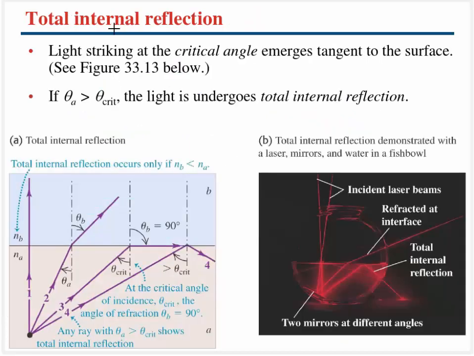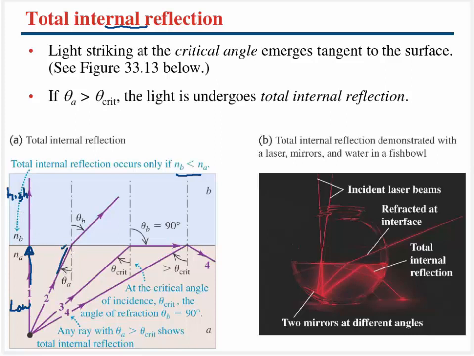Now, one interesting concept is that of total internal reflection. This type of reflection is only going to occur when we're going from a region of high index of refraction to a region of low index of refraction. So we know that if we go from low to high, the angle is going to bend more towards the normal, or more away from the normal. So if we consider a case right here where we have a light wave going in that direction right there, it's not going to be bent at all.